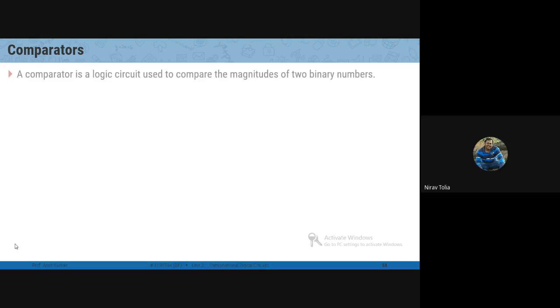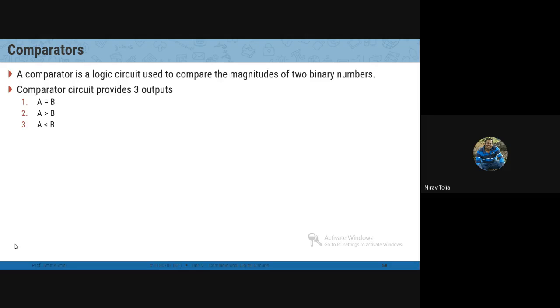Now, what is a comparator? A comparator is a combinational circuit which is used to compare two binary numbers. When we compare two binary numbers, we have three possibilities.